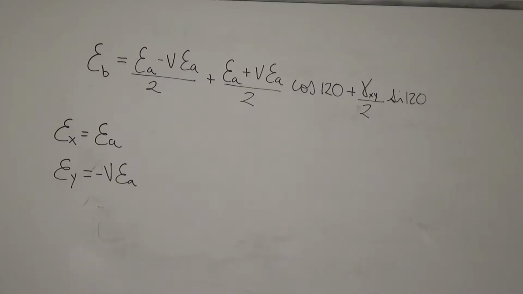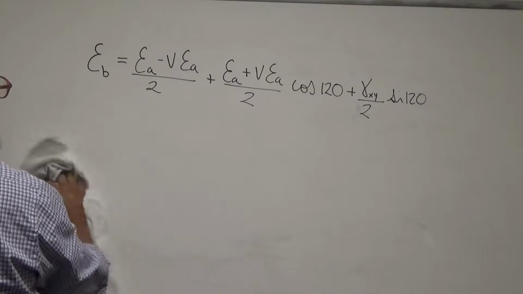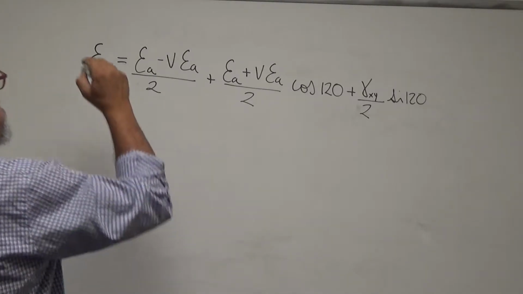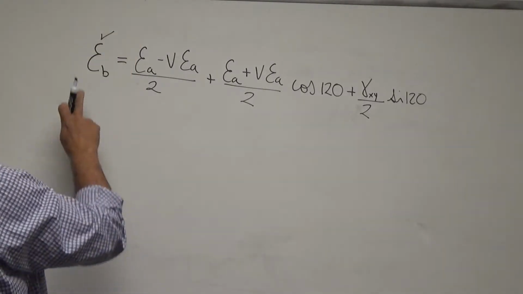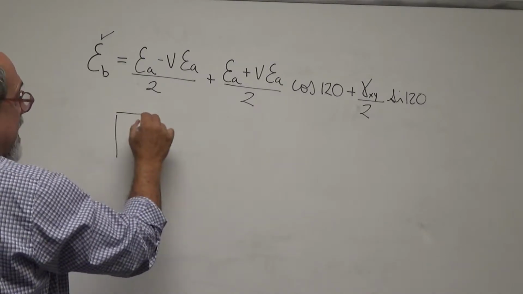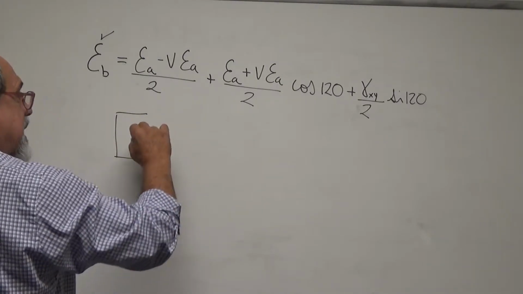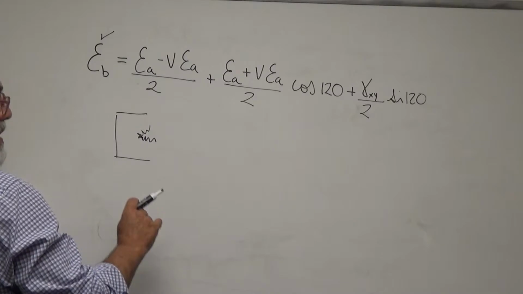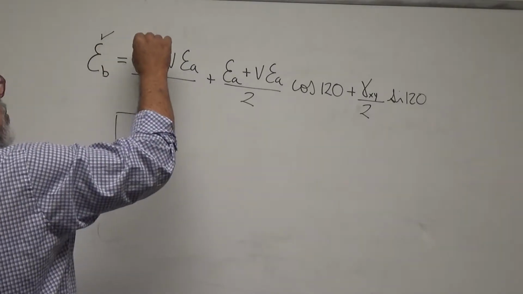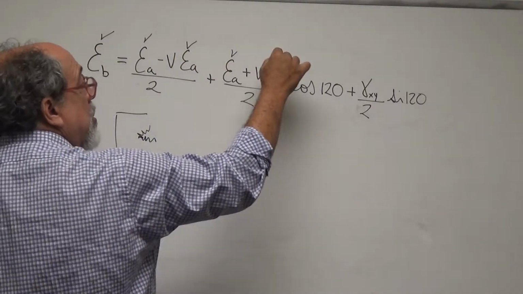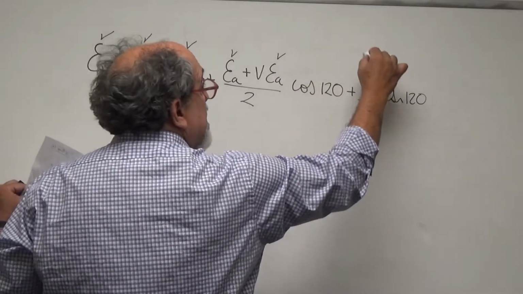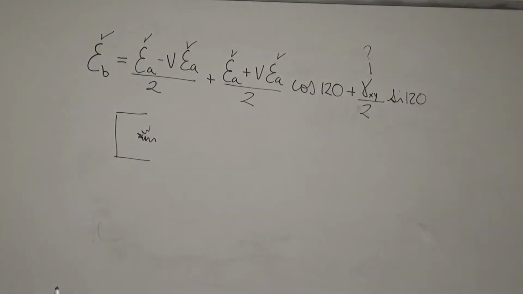Okay? Now, what's the deal here? The deal is that we are measuring this strain at 60 degrees, right? We had one strain like this and one strain like that. So this is known, this is known, this is known, this is known, this is known, this is not known, it's the only unknown, right?